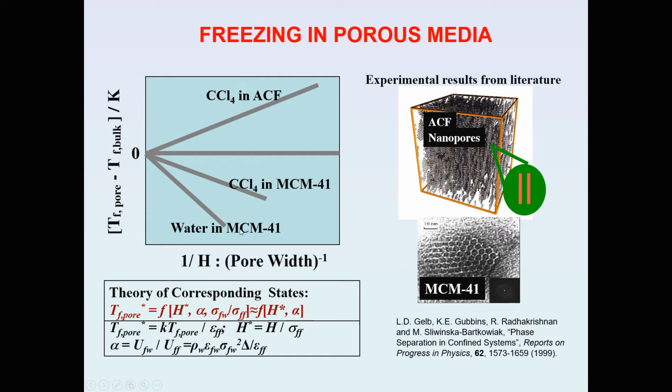On the basis of the literature, it is now considered that the freezing temperature in pores can be expressed by two variables, pore width and the alpha parameter. The alpha parameter is the ratio of the fluid-wall energy to the fluid-fluid energy.